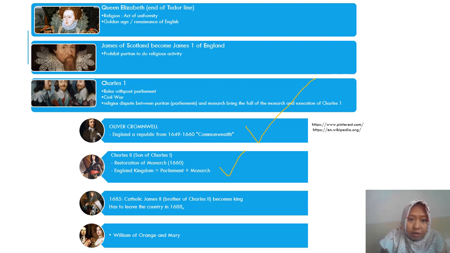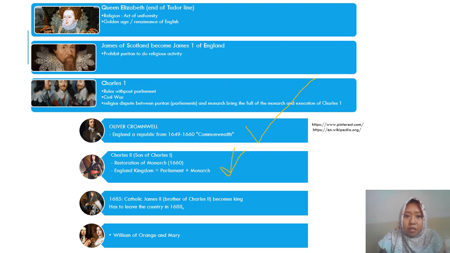Therefore, the Parliament asked the son of Charles I, Charles II, to replace the position of the son of Oliver Cromwell. And from this, England became a kingdom again, a monarchy.